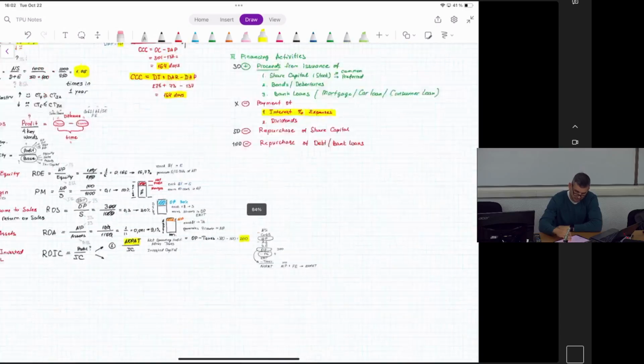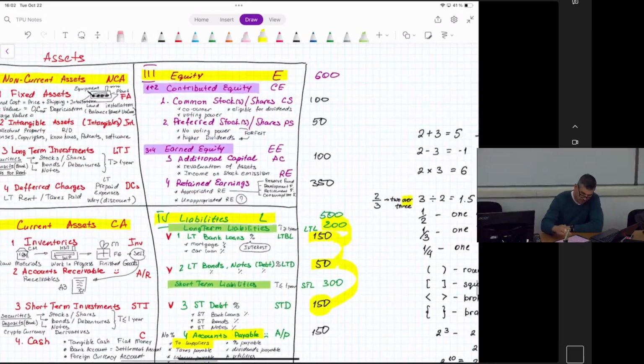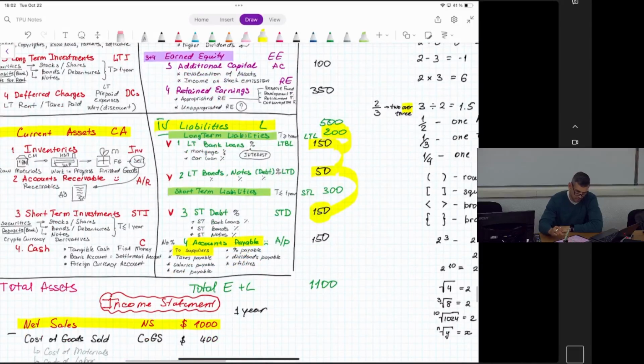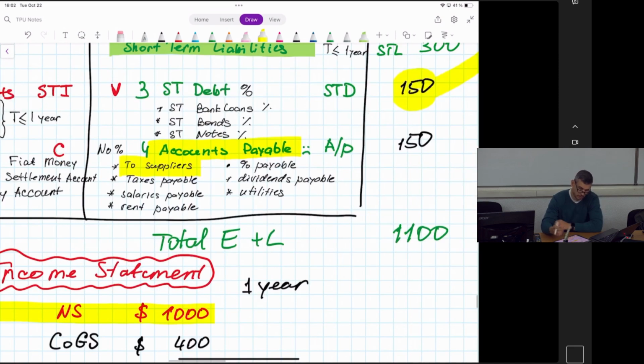Equity is invested, long-term liabilities invested, short-term debt invested because there is some interest on it. But accounts payable, taxes payable, salaries payable, rent payable, dividends payable, utilities payable, this is not the investment part. It's more operating liabilities, it's for us to live.